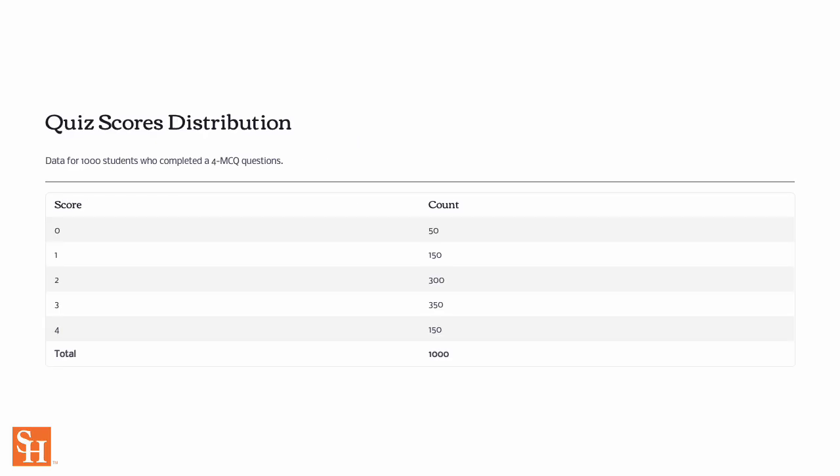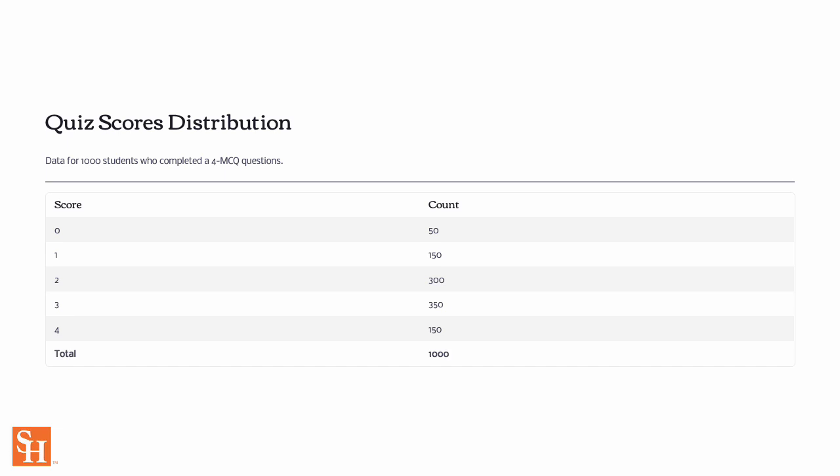Now we'll see how we can transform the raw data to a probability distribution. For example, here we have the test score results of 1000 students for 4 MCQ questions. So for 4 MCQ questions, the possible scores could be 0, 1, 2, 3, 4, and in total we have 1000 students, and 50 students had a score of 0 in the test.